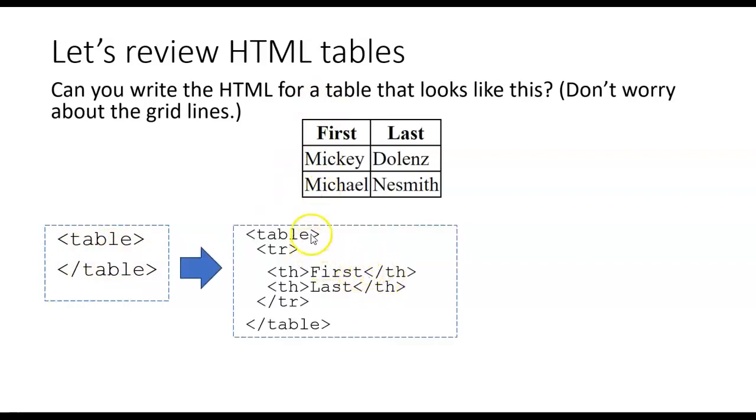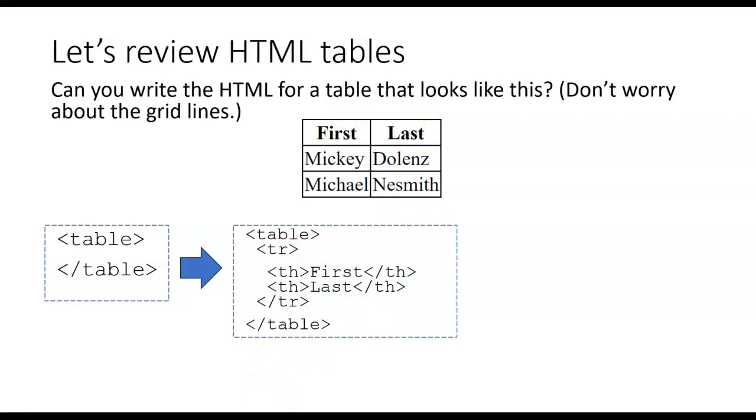Then the next piece is to define the first row. This is a row. Define the first row. So the TR tag comprises the first row, and the first row contains headers. So I have the TH tag with first and this TH tag with last. That gets me this header and this header.